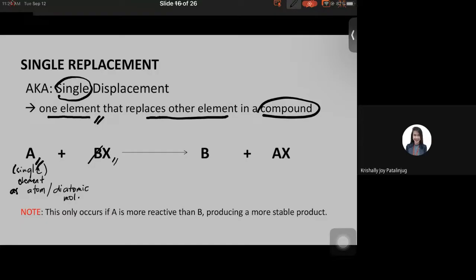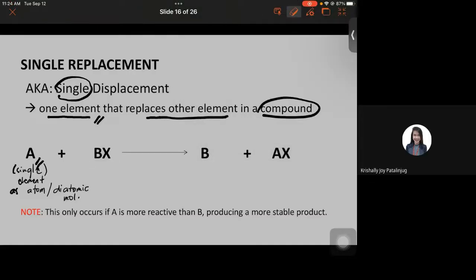Okay, try to observe what happens to this general chemical equation. The single element displaces the element B from the compound BX.